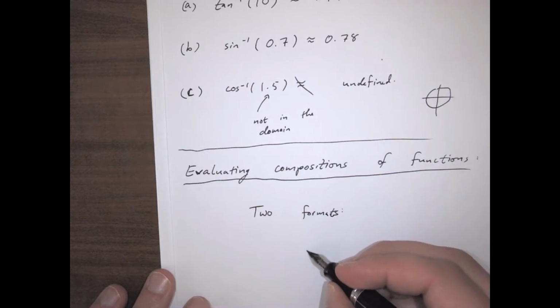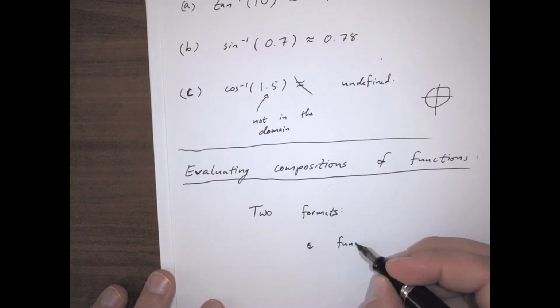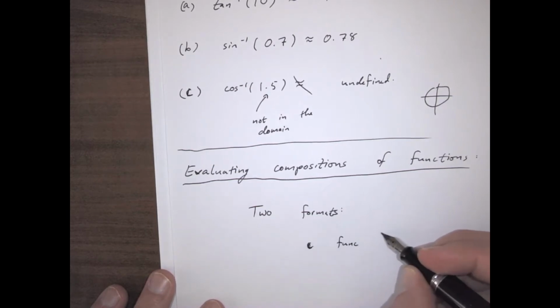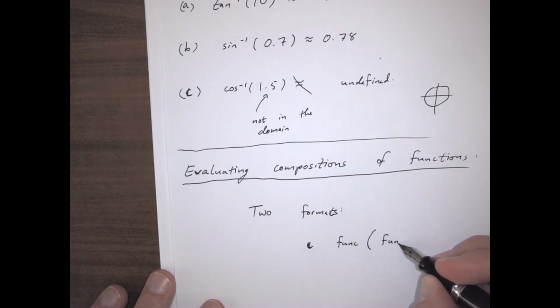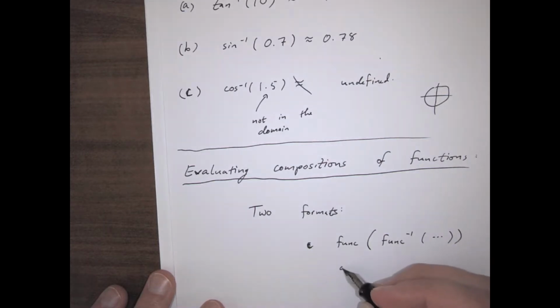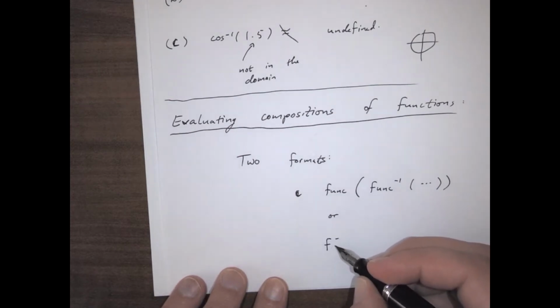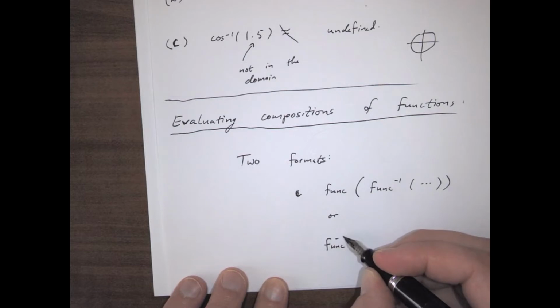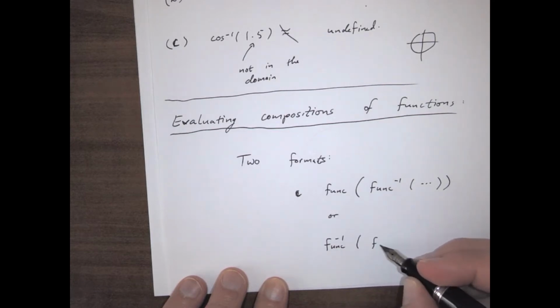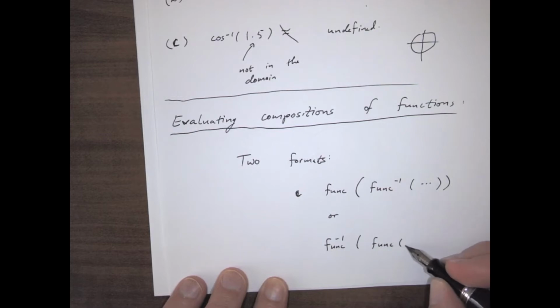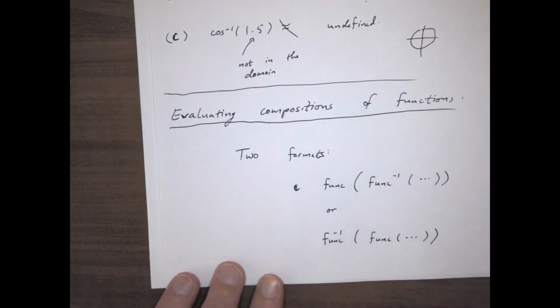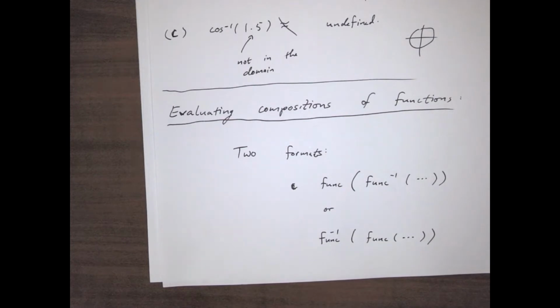We'll have the function on the outside and the inverse function on the inside, or we'll have the reverse: the inverse on the outside and the original on the inside. In either case, we're basically just going to work our way from the inside out.